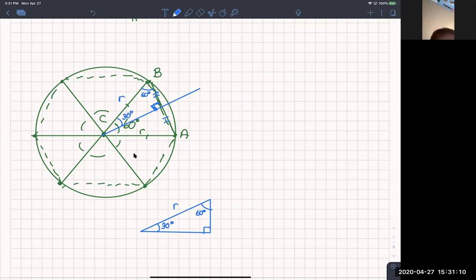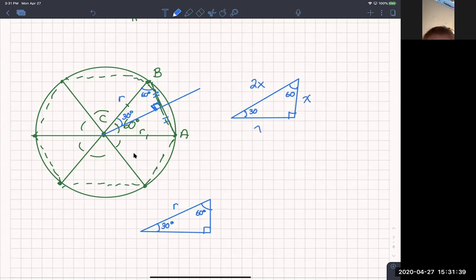Okay. So remember in a 30, 60, 90, which is the smallest side? The side across from which angle? 30. Right. So in a 30, 60, 90, the smallest side is x. The largest side, which is always the hypotenuse in the right triangle, is 2x.